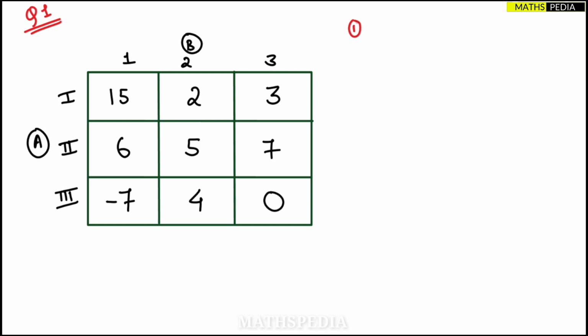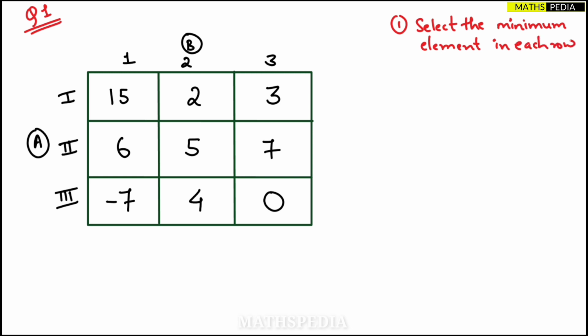The first and very easy step is to select the minimum element in each row and the maximum element in each column.